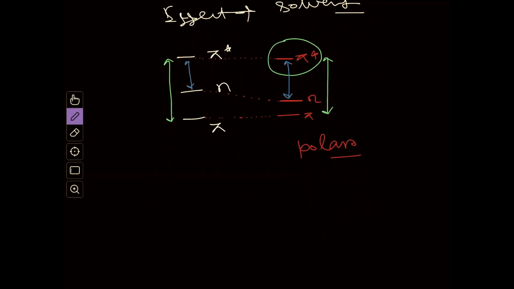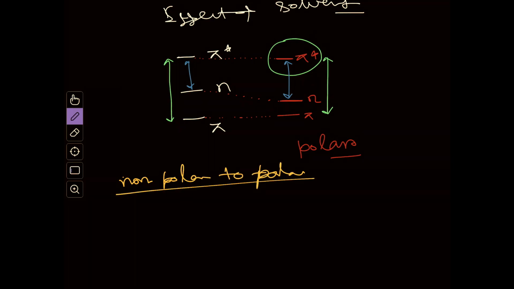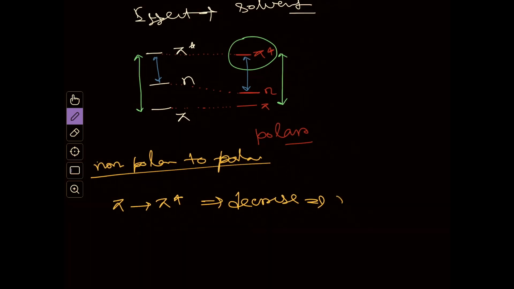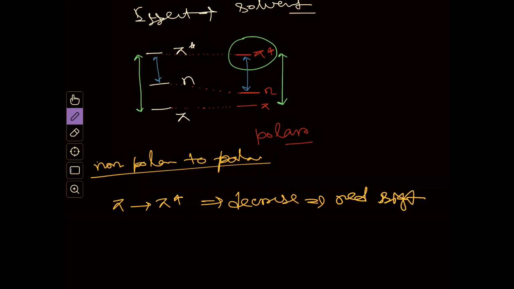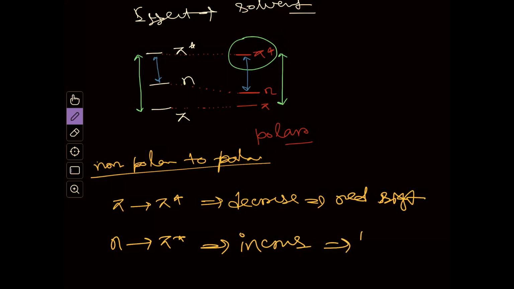So shifting from non-polar to polar, what will happen? The pi to pi star gap will decrease, so we will see a red shift. As the energy gap decreases, the wavelength will increase and we will have red shift, but for the n to pi star transition there will be an increase in the energy gap and we will have blue shift.